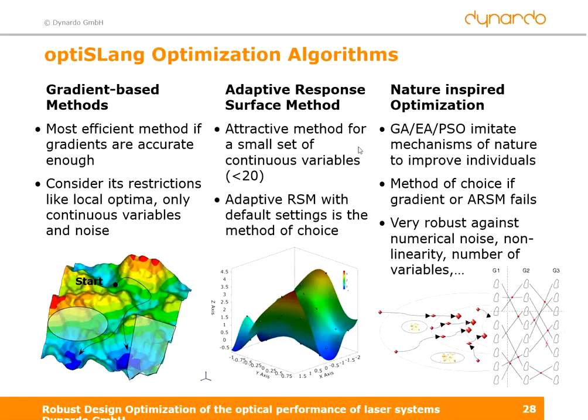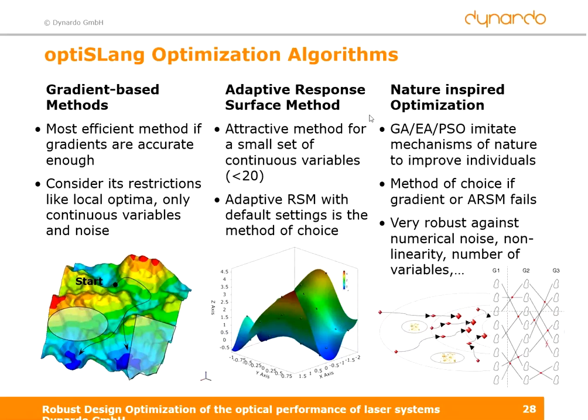And if it's getting even more sophisticated, with very high numerical noise and nonlinearities and a very high number of variables, the nature-inspired optimization methods are the best. To these belong the genetic algorithm, the evolutionary algorithm, and the particle swarm optimization.